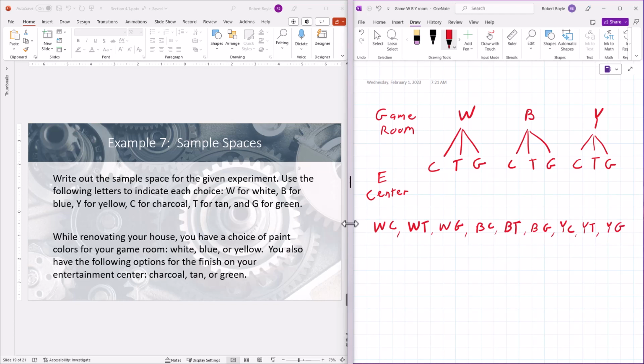And if you get this question in your homework, which by the way you will, this is exactly how you would write it out. It would be WC, comma, WT, comma, and so forth.